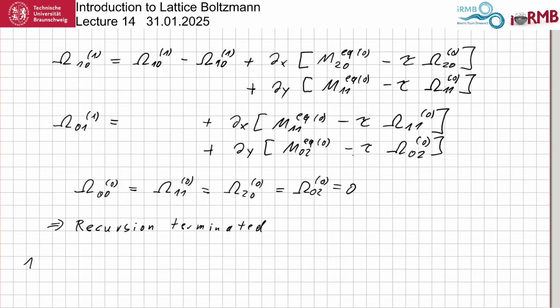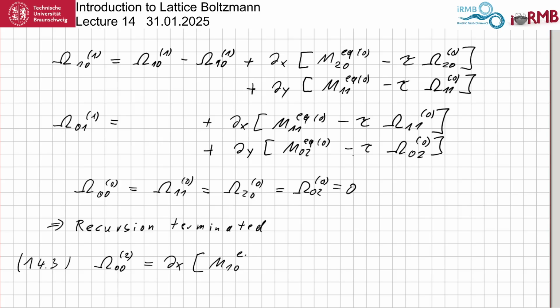So we'll call this now equation 14.3 and say that omega 0, 0 to second order is now equal to dx. Now we plug everything in.